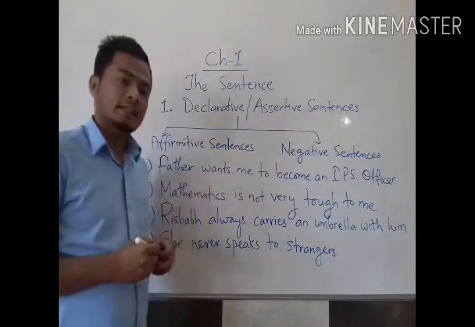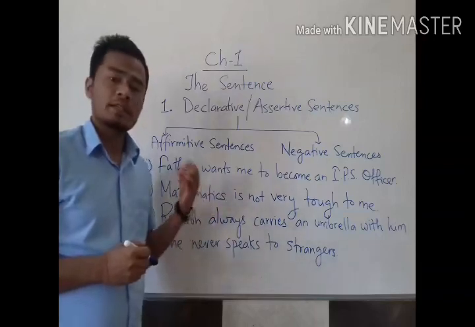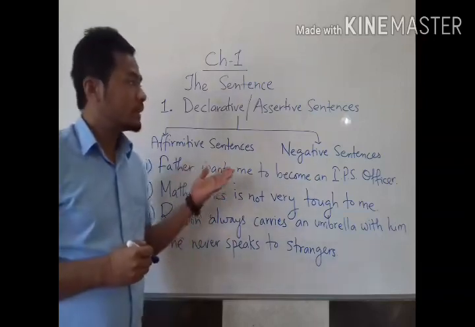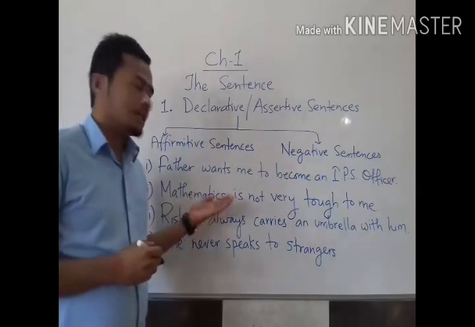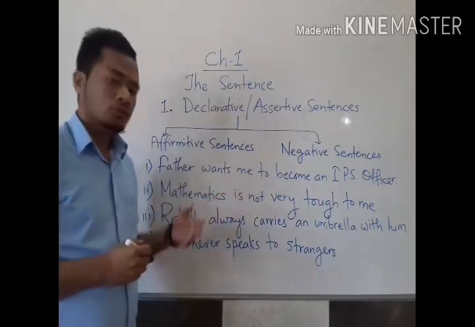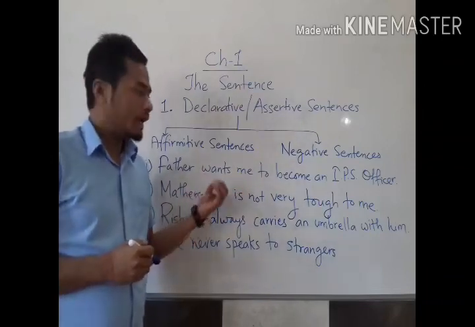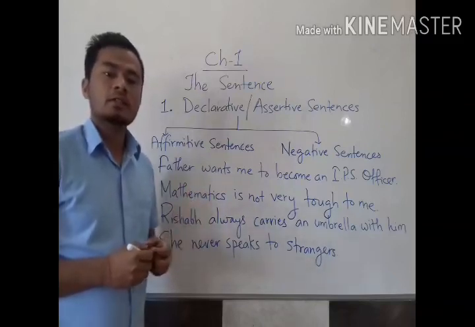This sentence conveys information in a straight manner, so it is an assertive sentence. Another example: Mathematics is not very tough for me. This is also an assertive sentence, because it also delivers information in a straight manner.